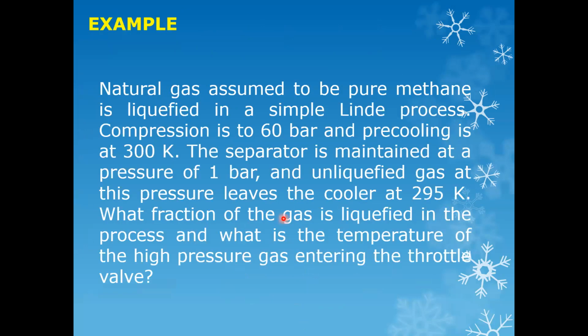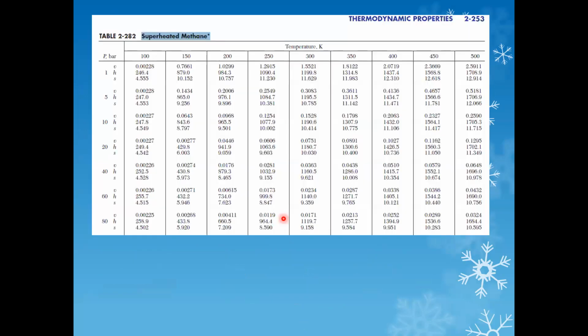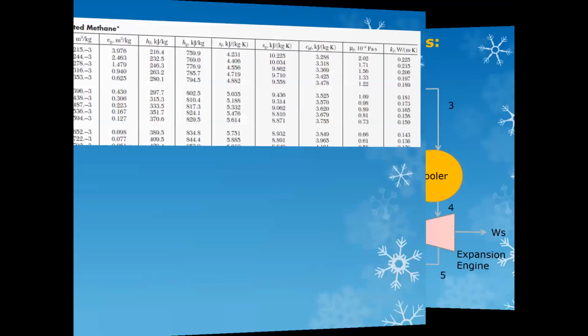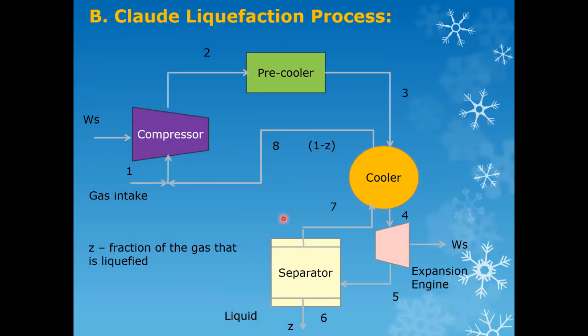Let's skip the example first and move to the Claude liquefaction process. The difference is that instead of a throttle valve, an expansion engine is used.